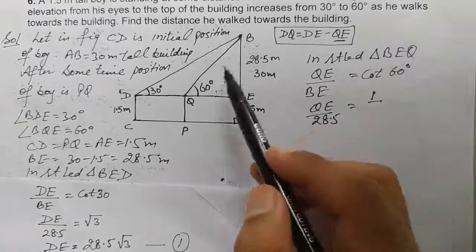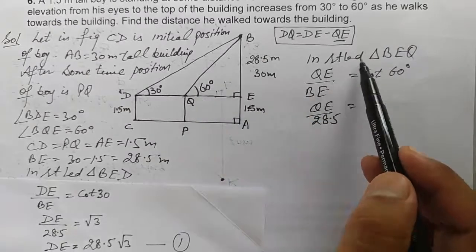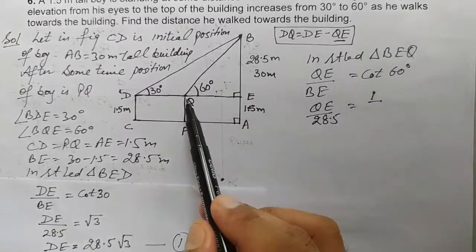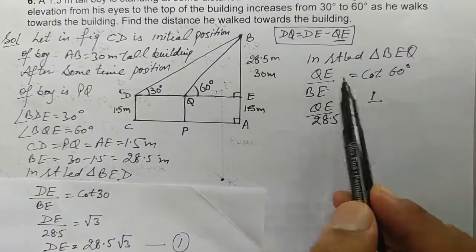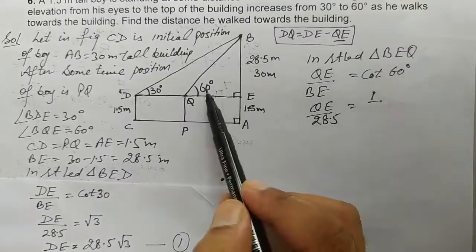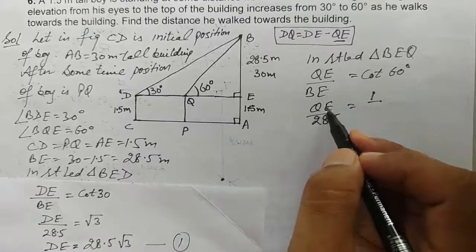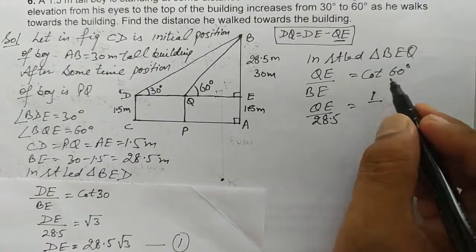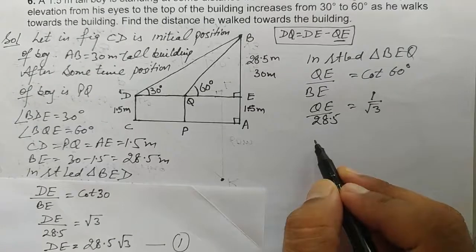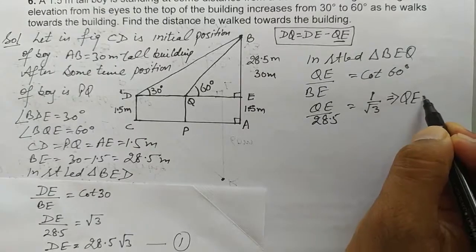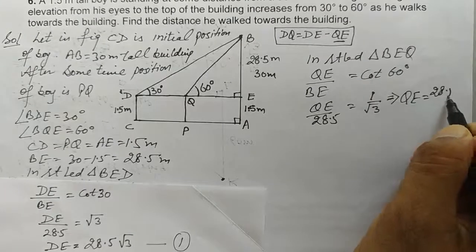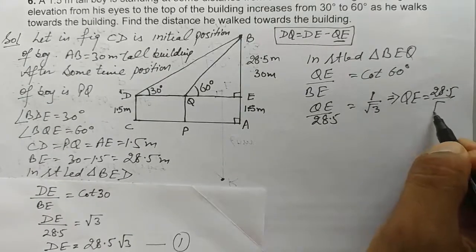Now in the small right angle triangle BEQ, we will find out QE. So QE in the numerator and BE in the denominator is equal to again cot of the angle 60 degree. So QE over 28.5 is equal to cot 60, which is 1 by root 3. So now QE is equal to 28.5 in the numerator, with cross multiply, and root 3 down here.